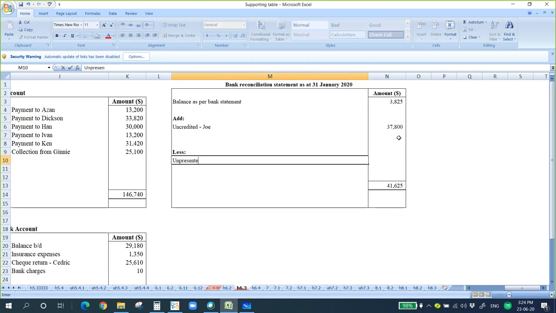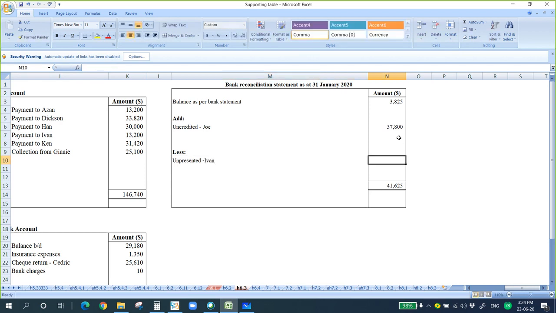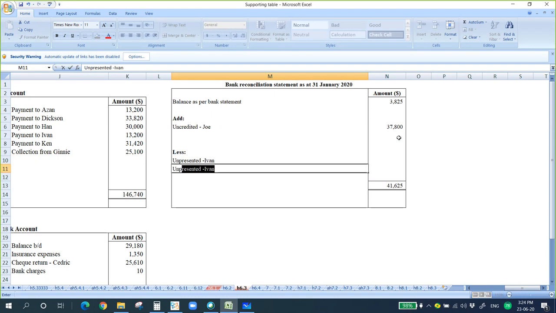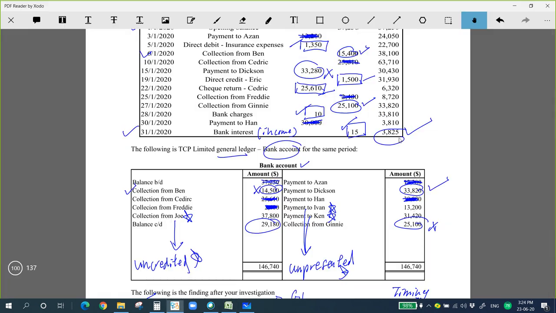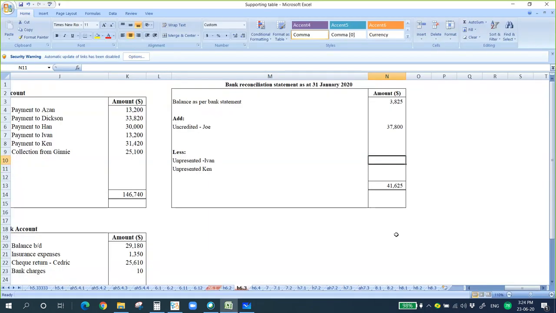Unpresented check is minus. Ivan, and then this is Ken. So what is their amount? Ivan is 13,200 and Ken is 31420. So we put a negative.